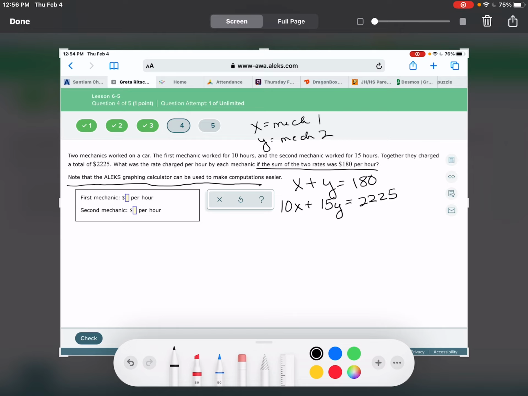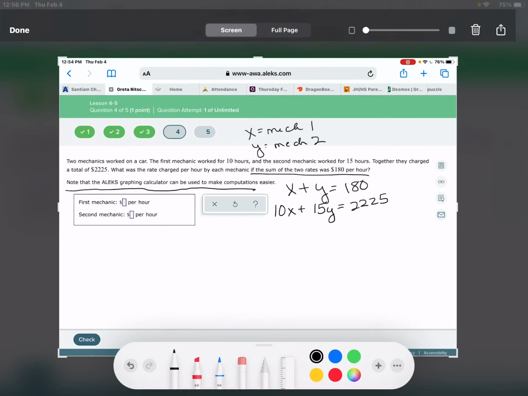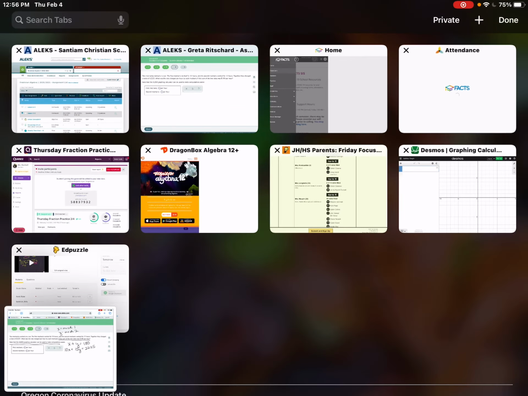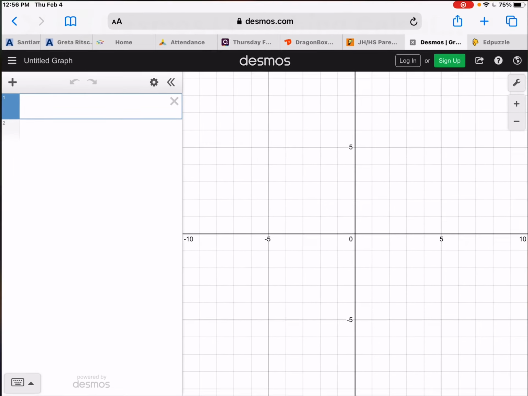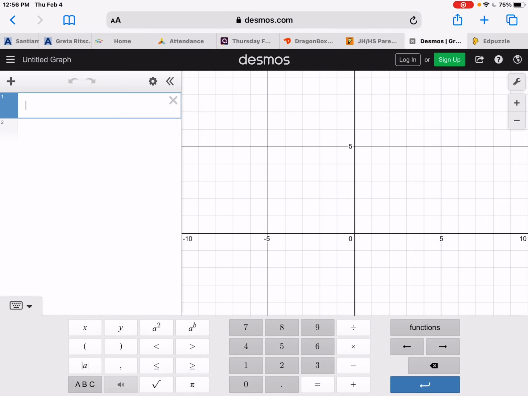So let's pull up Desmos just for fun. Okay. Well, maybe I can carry on here. In Desmos, if I say x plus y equals 180, there's my line for that.